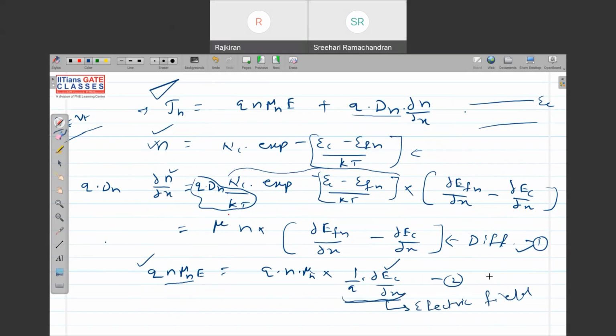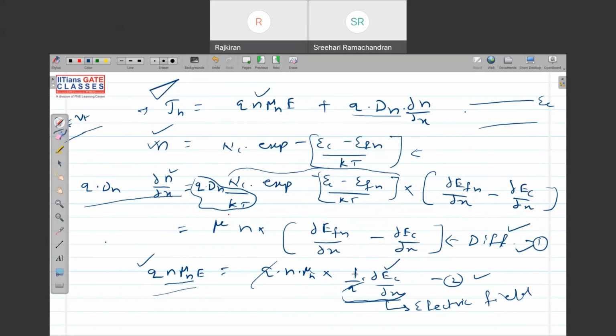If you sum both equation 1 and equation 2, the q gets cancelled. So what is my Jn? Jn is q Dn dn by dx, which is my equation 1, plus q n mu n E, which is my equation 2. This is the transport due to diffusion, and this is due to drift.